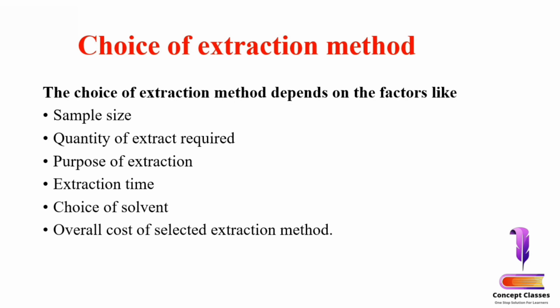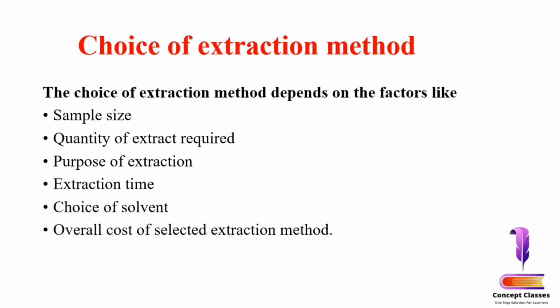Next is the extraction time. In some cases, we need to extract the drug in a short time, and in some cases we need a longer extraction time, longer extraction duration. So depending on this time also, we have to choose the extraction method. Then comes the choice of solvent.